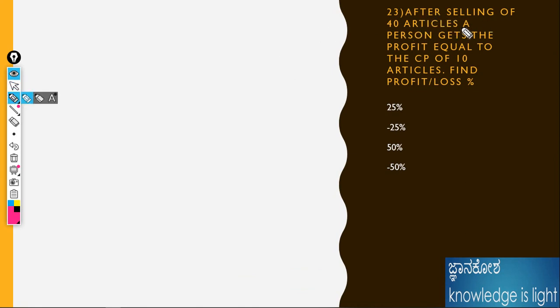After selling 40 articles, a person gets a profit equal to the CP of 10 articles. Find the profit or loss percentage. Now here is the main thing I need to tell: the profit is equal to the CP of 10 articles, so the selling price should be more than the cost price. For 40 articles, the selling price should come as 50, that is plus 10.